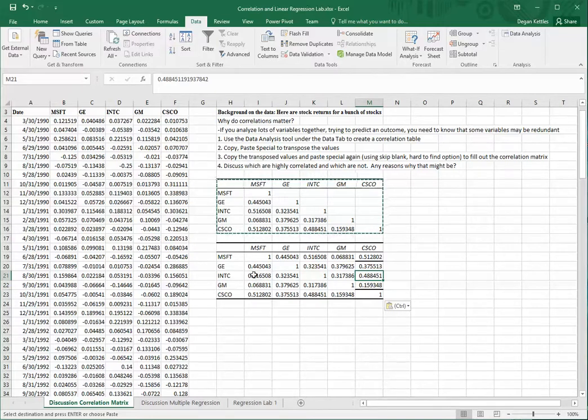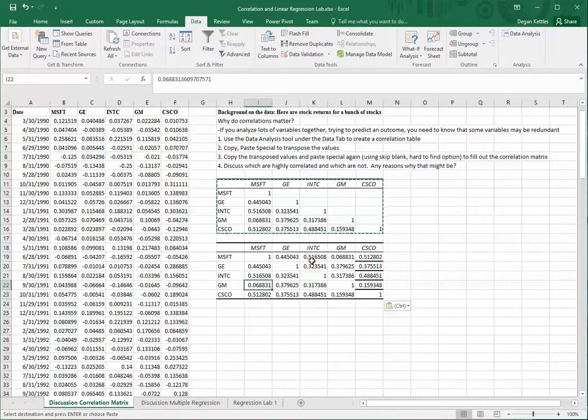Let's think about some of the rationale behind that. Microsoft is a technology firm, so as its stock returns go up in a given month, chances are its software, in the past at least, is oftentimes sold in conjunction with a physical PC that has Intel chips in it. So as Microsoft or Intel's fortunes go, they go together. And same thing with Cisco. Cisco is a technology product.